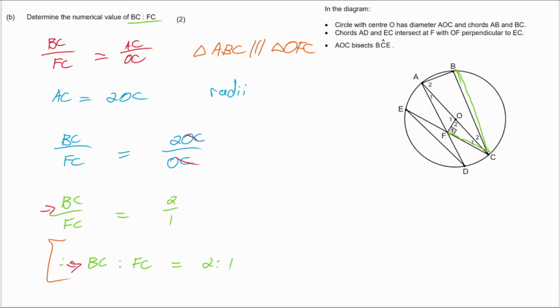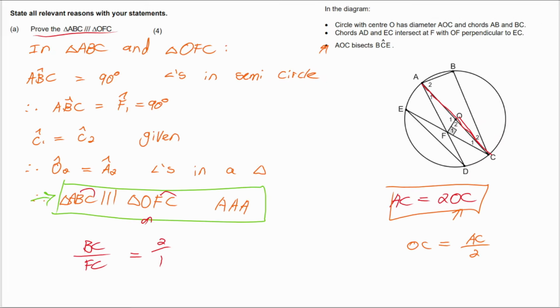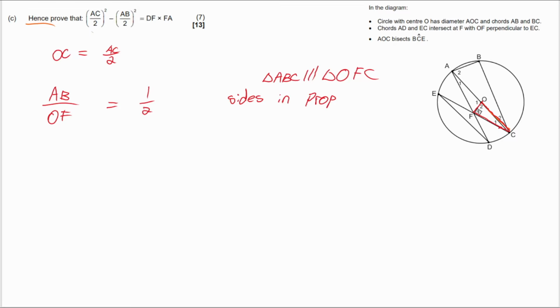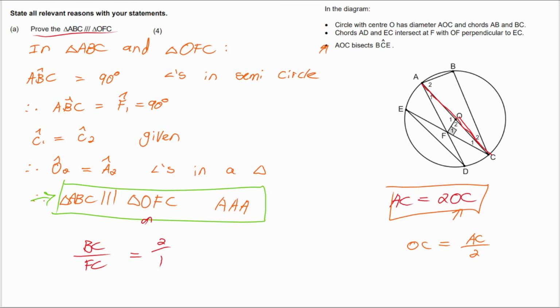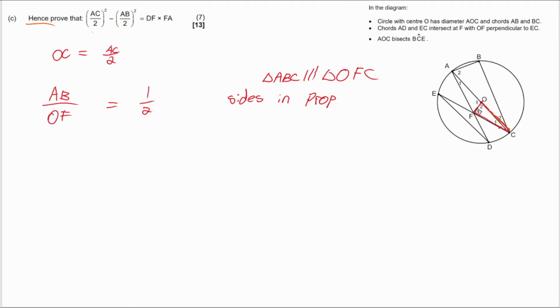So if I do it the opposite way, dealing with AB and OF, I know that OF over AB is going to be 1 over 2. Okay, so I have the sides in proportion, similar triangles.